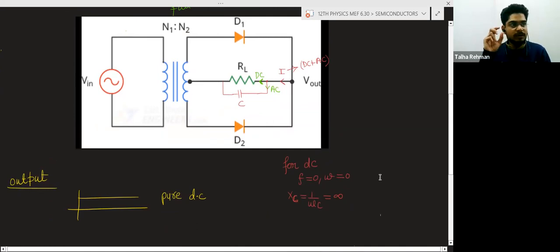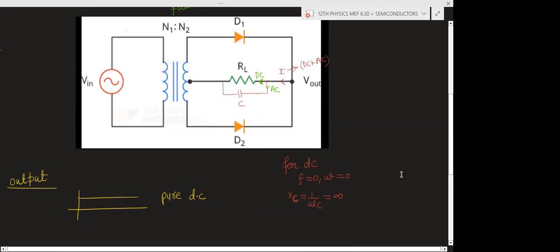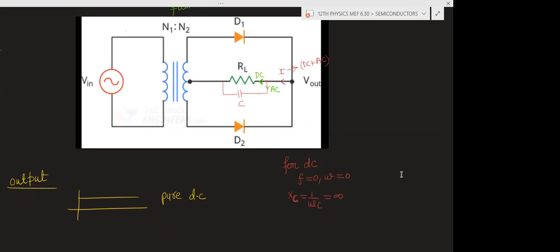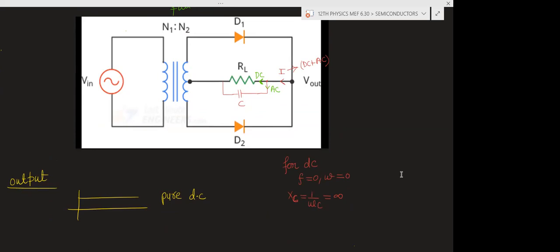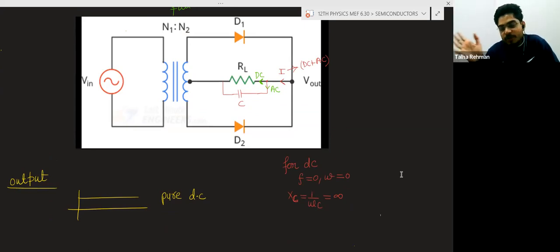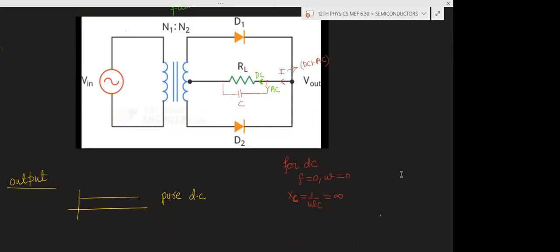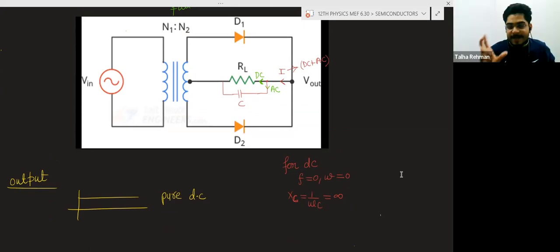Suppose they ask why the heavier nuclei do fission and lighter nuclei do fusion. So you have to apply your mind. I told you the whole concept of fission and fusion. Lighter nuclei have low binding energy per nucleon, and to achieve stability, the binding energy per nucleon should be more.